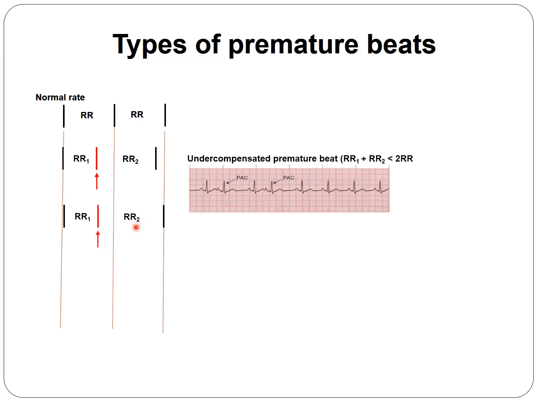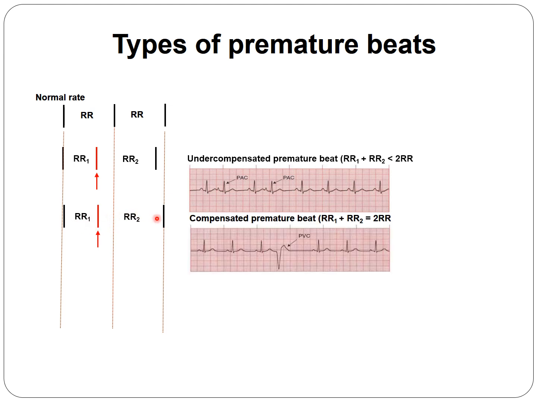The next one, when the pause compensated this early coming beat, so the average rate didn't change, is called compensated. Usually every supraventricular beat is undercompensated, while ventricular premature beats are compensated. It could happen that the compensatory pause makes the heart rate slower. This is called an overcompensated premature beat.